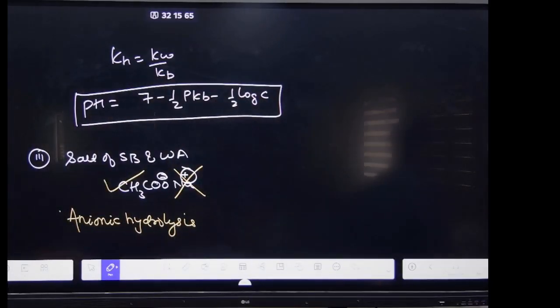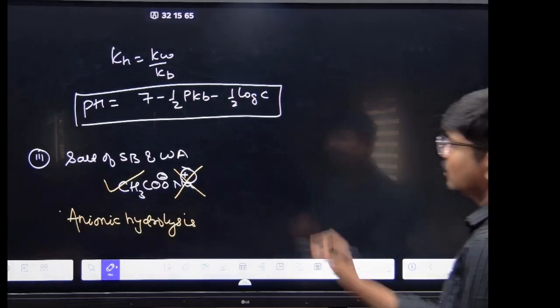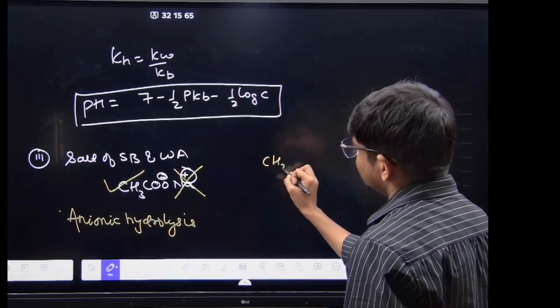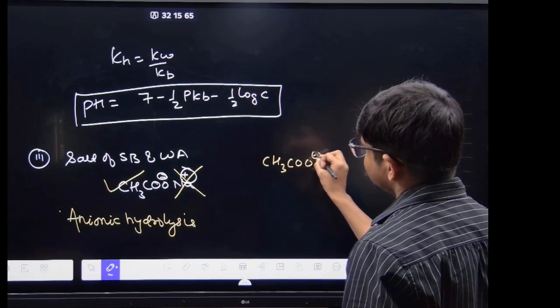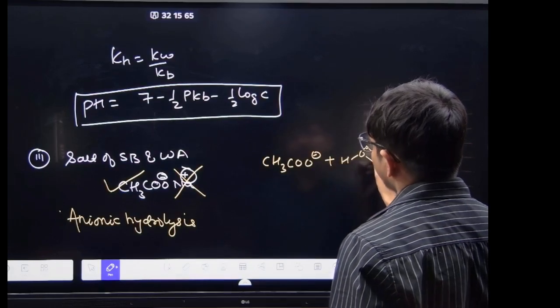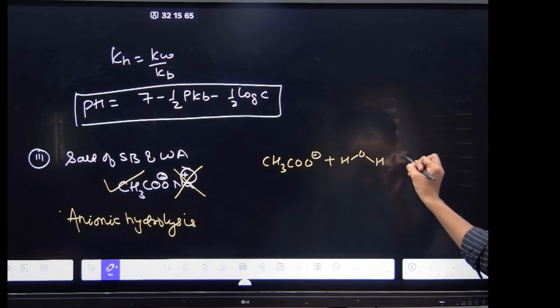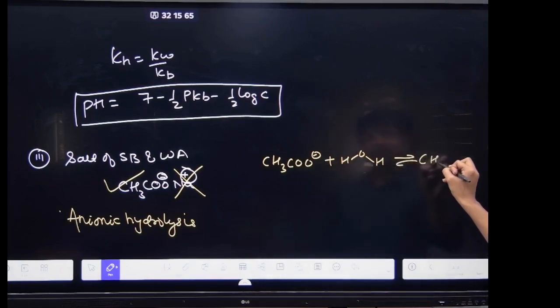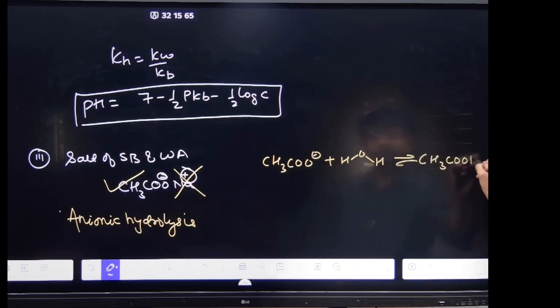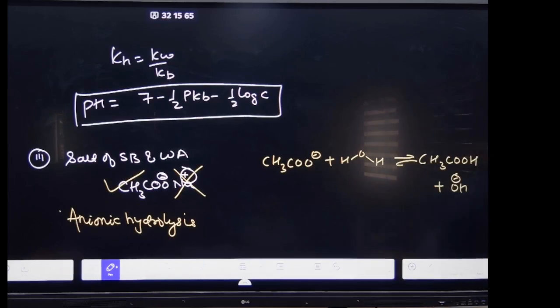Clear? Fine. Now see here. CH3COO minus plus water. This anion will take the H plus to form acetic acid plus OH minus. Got it? So the concentration of OH minus is getting increased.